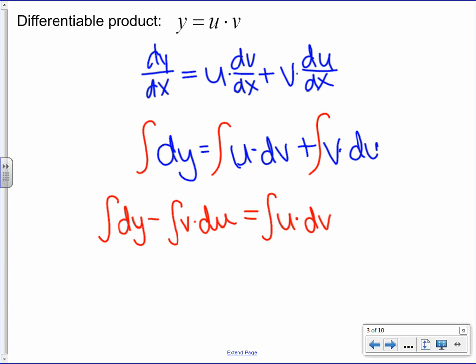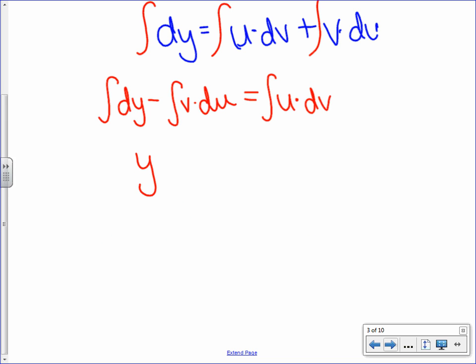But, ladies and gentlemen, what is the integral of dy? y. And what was y to begin with? u times v. So we just flip sides.